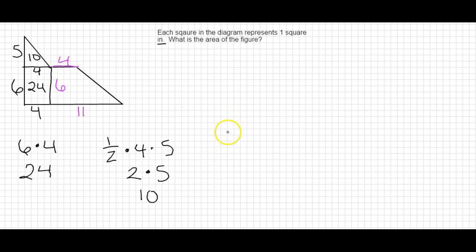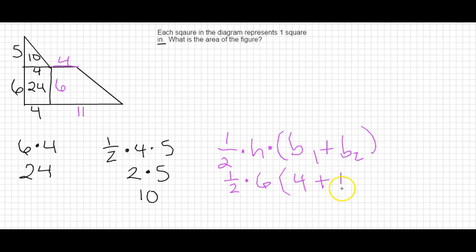Area of a trapezoid is 1/2 times the height times base 1 plus base 2. So the height connects the two parallel bases. The height is 6, and base 1 is 4, base 2 is 11.